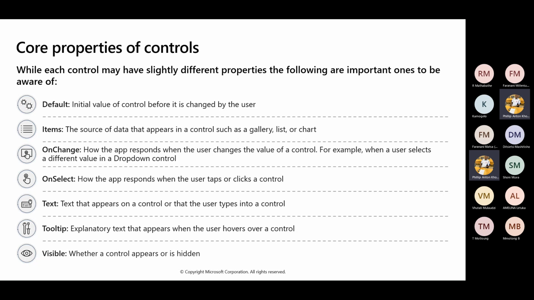And then we have visible, and this controls the visibility of a control, right? You would have seen that by the time I built the application, before creating a new screen, everything was in the same screen.